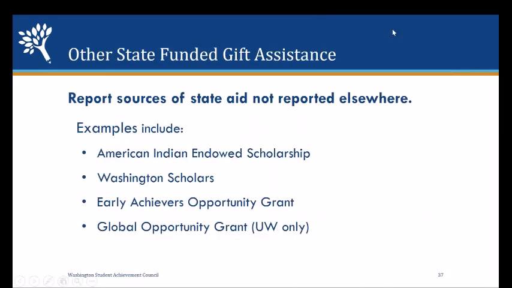Other state-funded gift assistance: report sources of state aid not reported elsewhere. Examples include the American Indian Endowed Scholarship, Washington Scholars, Early Achievers Opportunity Grants, or the Global Opportunity Grant, which is specific to the University of Washington.